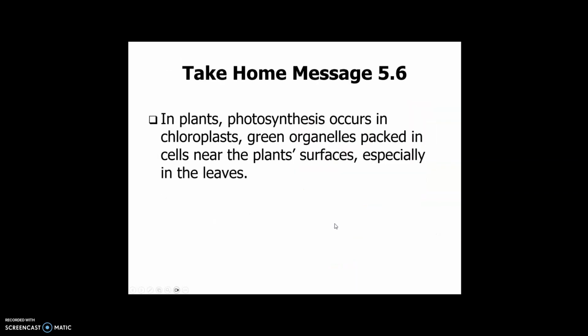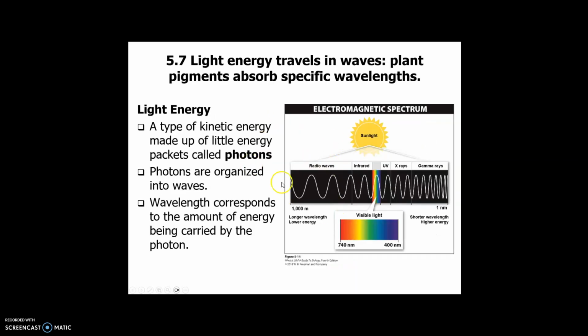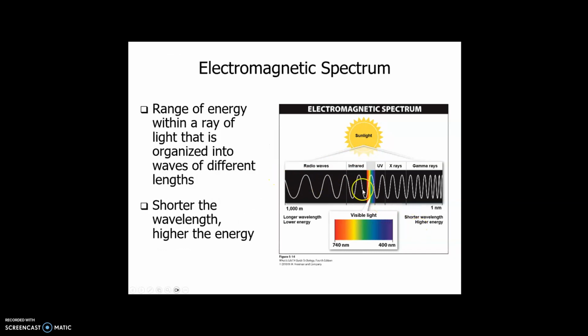And one more thing, and I'm sorry, but another thing that you're going to learn from here is a little bit about light, how it travels from the sun to our planet in the form of wavelengths and photons. The portion of the electromagnetic spectrum that we get from sunlight and that powers the process of photosynthesis is the visible light portion.